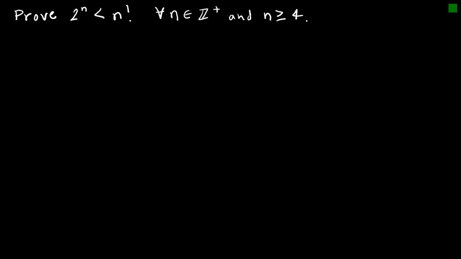They're not quite as straightforward as the last ones. Here we're proving that 2 to the n is less than n factorial, but notice n is a positive integer greater than or equal to 4, which means when I'm doing my basis step, I have to start at 4 because that's the lowest value.